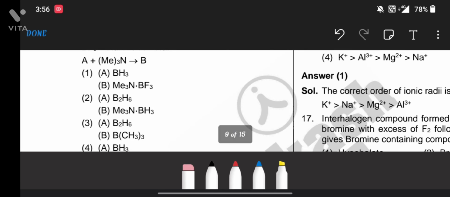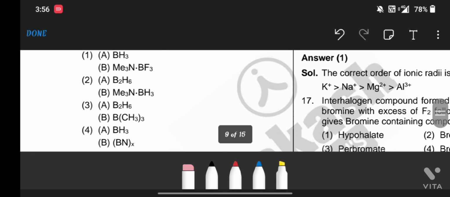Option 2, A is B2H6 and B is Me3N·BH3. Option 3, A is B2H6 and B is BCH3 3. Option 4, A is BH3 and B is PNX.